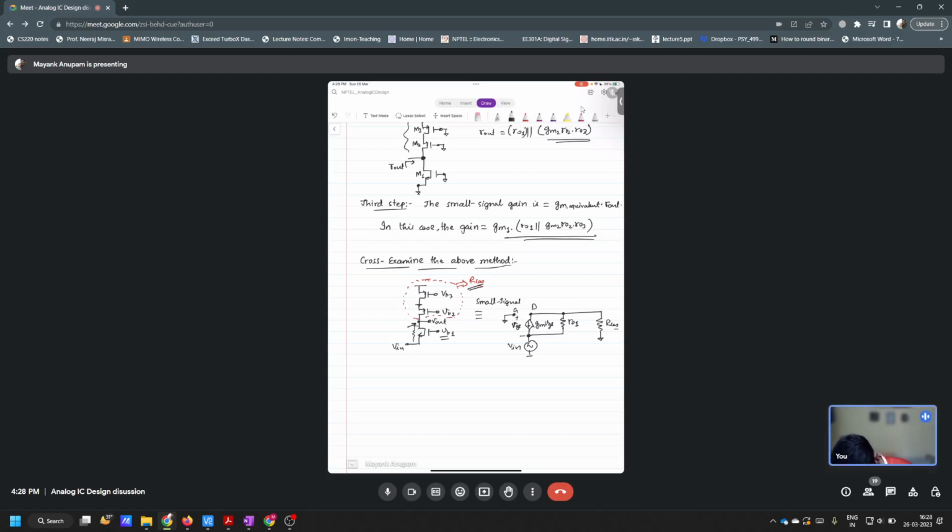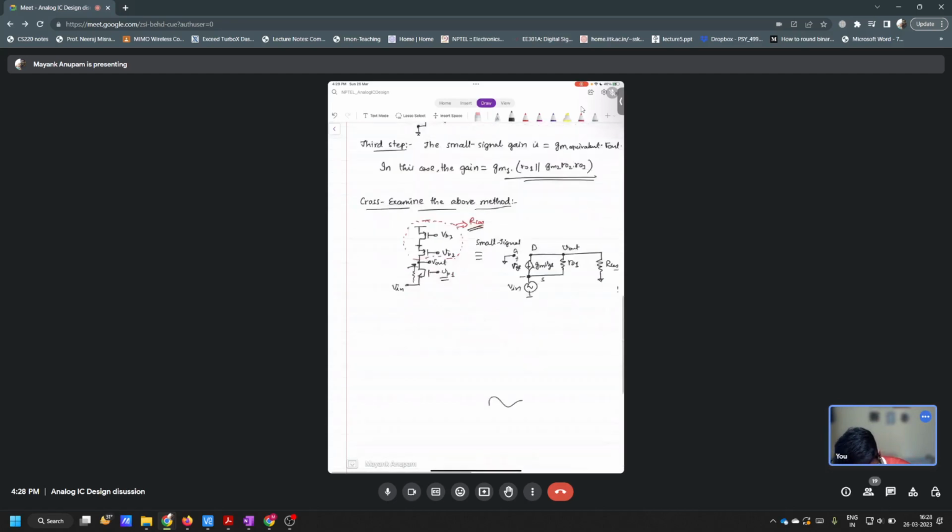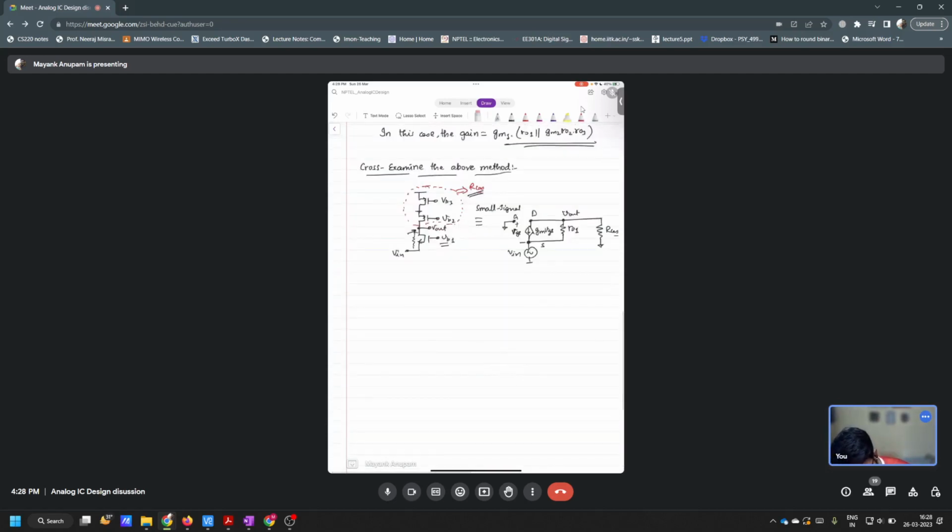So yeah, and where is the output now? Output is here, right? Fine. Now let's find out what is the small signal gain. So what will be the small signal gain here?